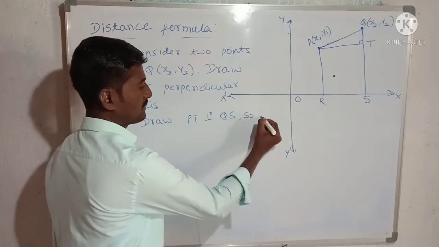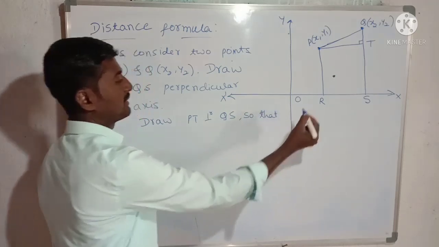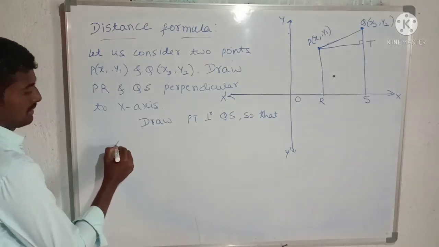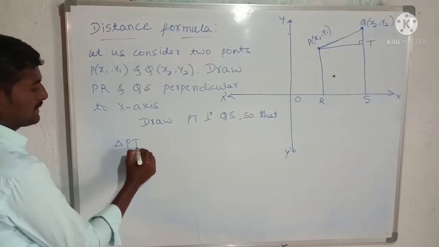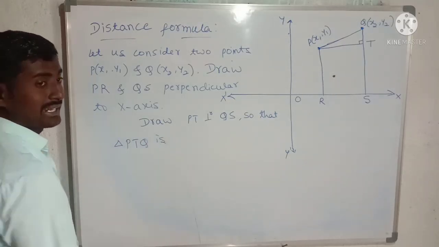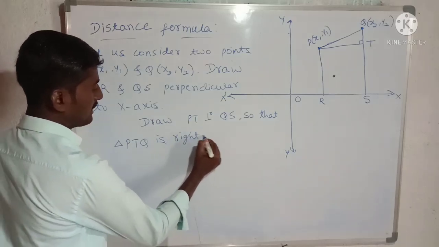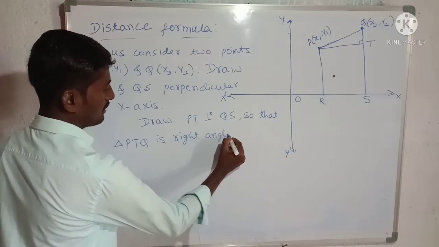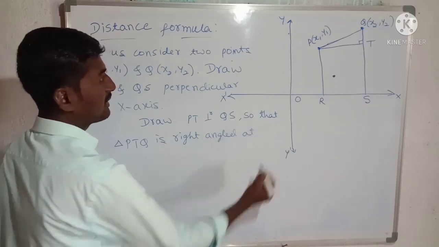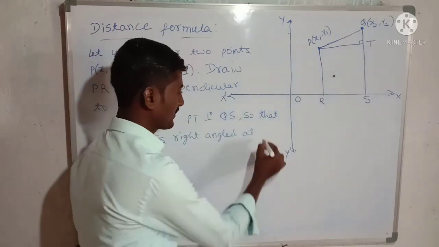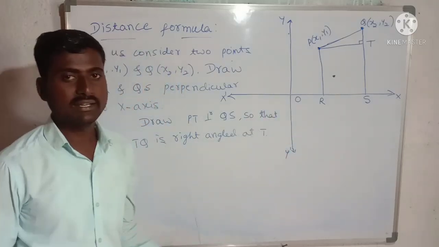So that triangle PTQ is right angled at the point T.